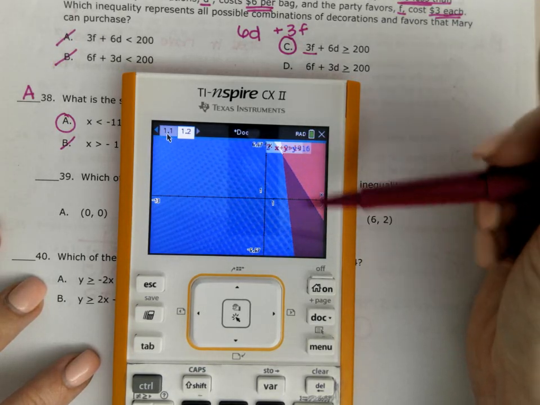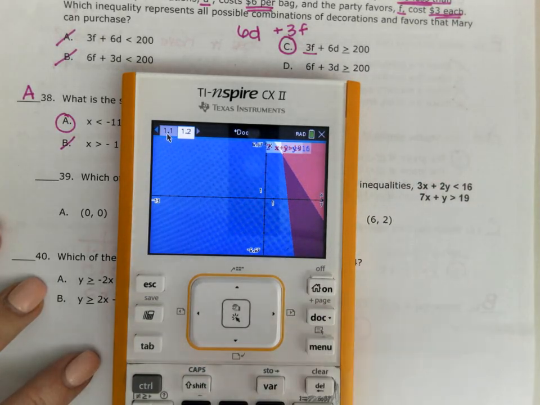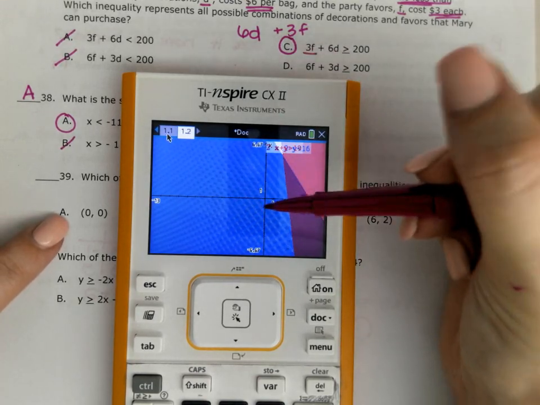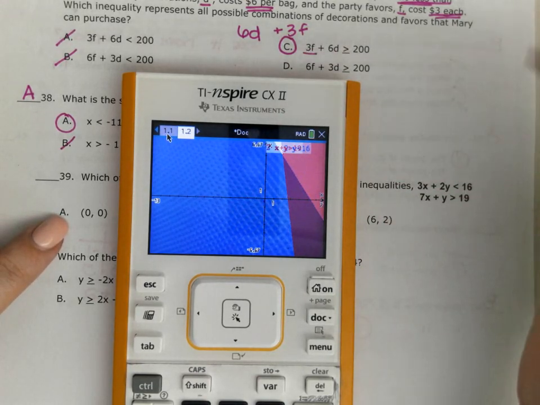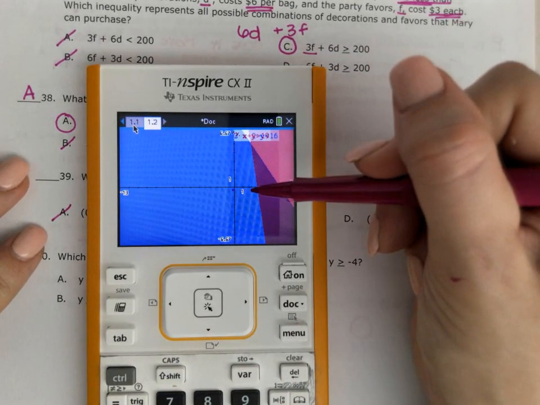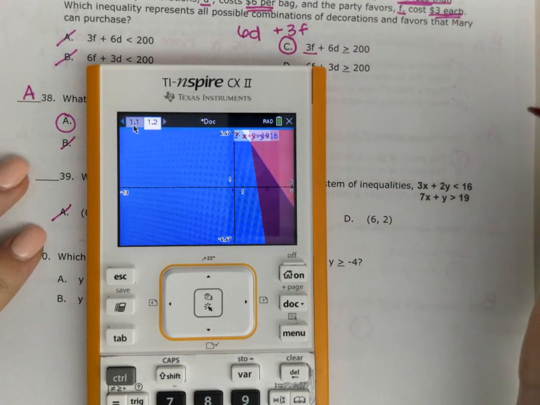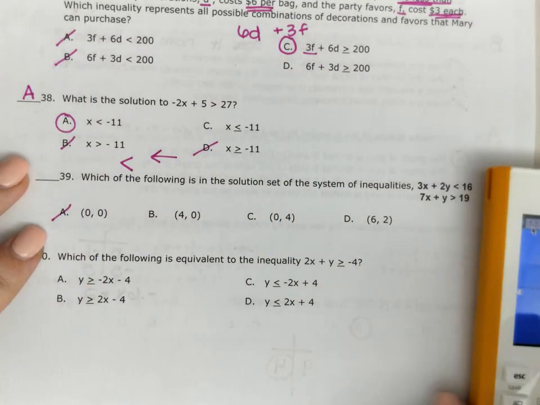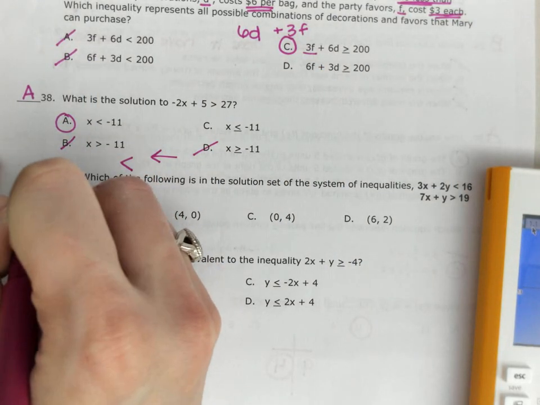Okay, so the solution set is this double shaded area. So I need to see what point is in that double shaded. So 0, 0 would be right here, and that's definitely not double shaded. 4, 0, 1, 2, 3, 4, 4 on the x, 0 on the y, is in that double shaded. That's going to be my answer.